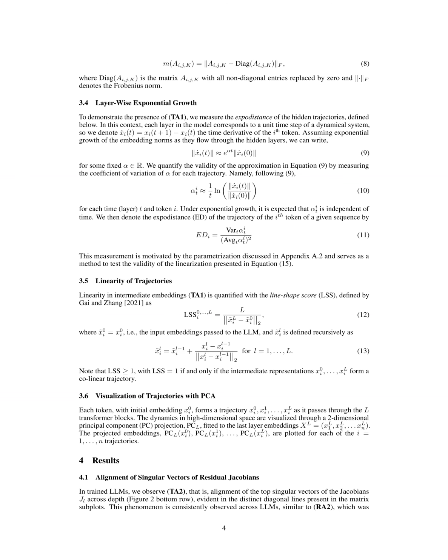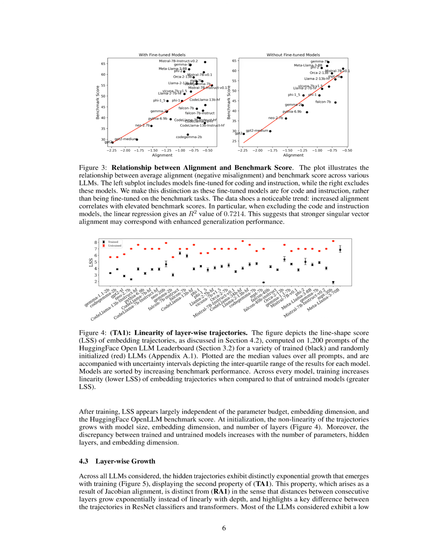Additionally, the study revealed the presence of linearity in hidden trajectories after training, as evidenced by the line shape score, LSS values. The analysis also showed that the hidden trajectories in LLMs exhibit layer-wise exponential growth, distinct from the equidistance observed in ResNets.